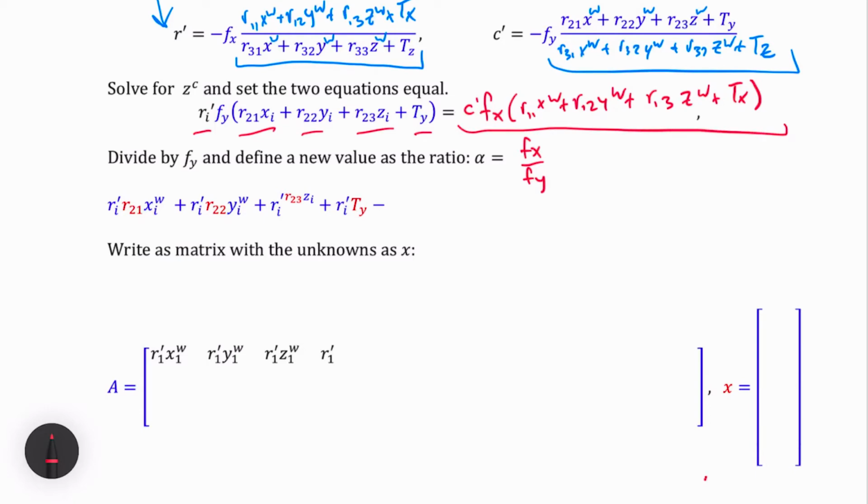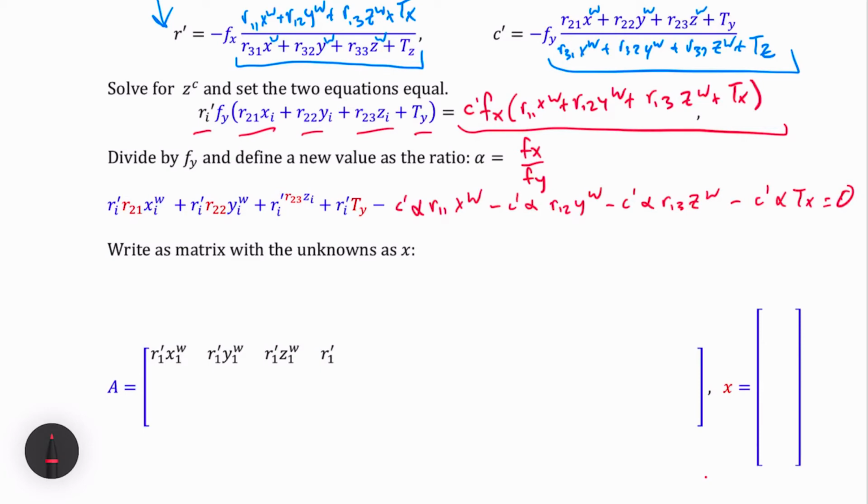That's going to be minus c prime alpha times r11 x world, minus c prime alpha times r12 y world, minus c prime alpha times r13 z world, minus c prime alpha times tx. And that quantity is all going to equal 0.